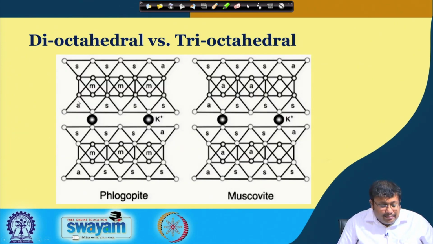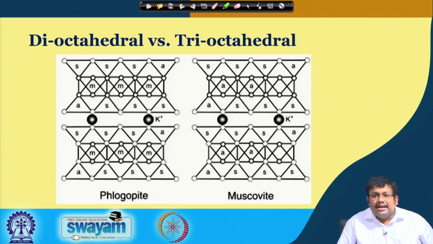So, this is an example of a trioctahedral structure and this is an example of a dioctahedral structure. Now, you can see this is a tetrahedral sheet, this is another silica tetrahedral sheet, and this is an octahedral sheet sandwiched in between. The octahedral sheet has 3 octahedral positions, 1, 2, 3. Here you can see 1, 2, 3. If all the octahedral positions are filled by cations, then it is called the trioctahedral structure.